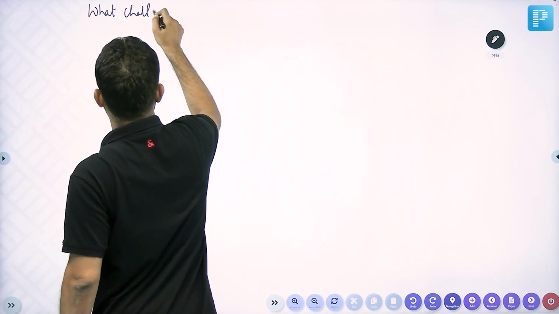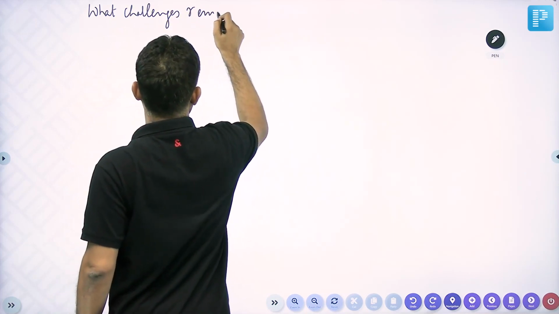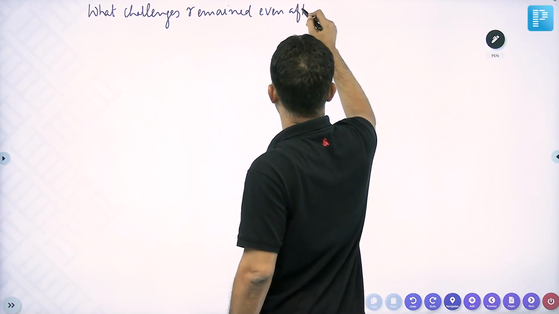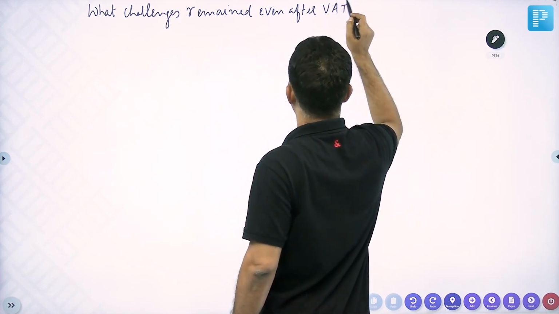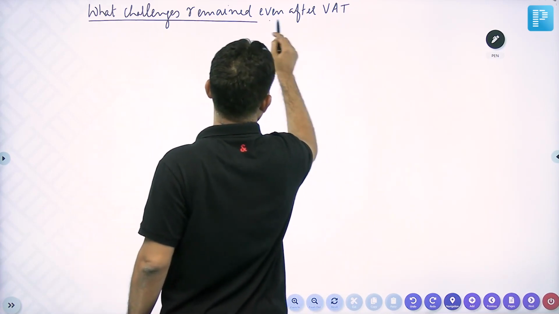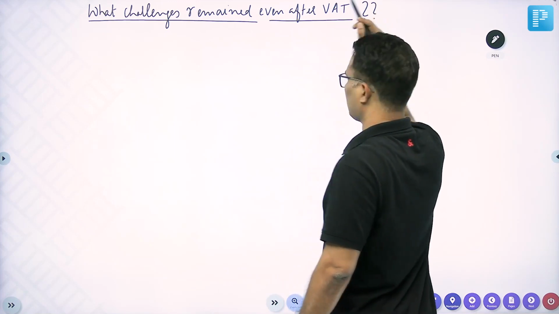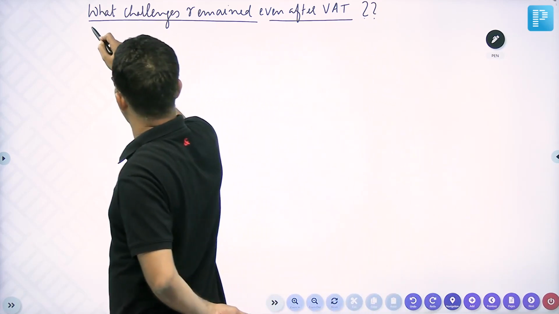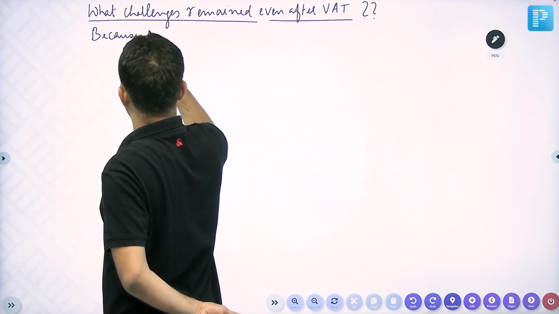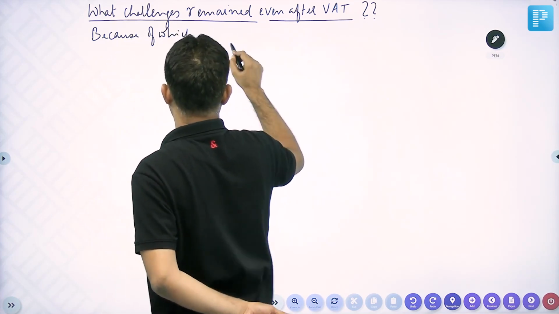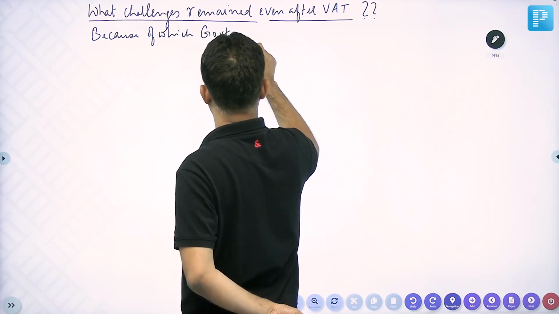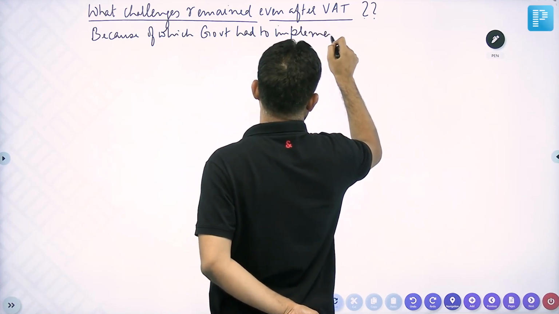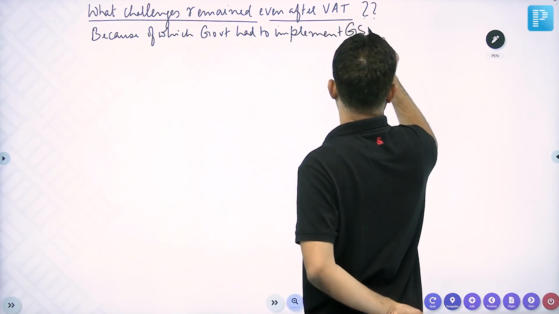What challenges remained even after VAT, because of which government brought GST?